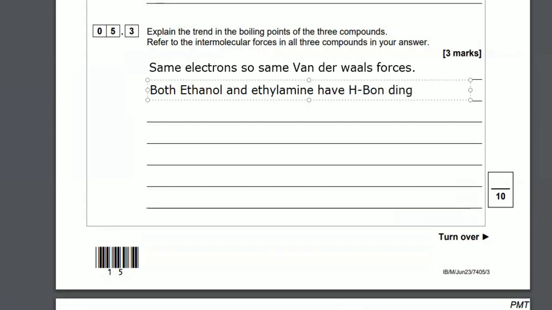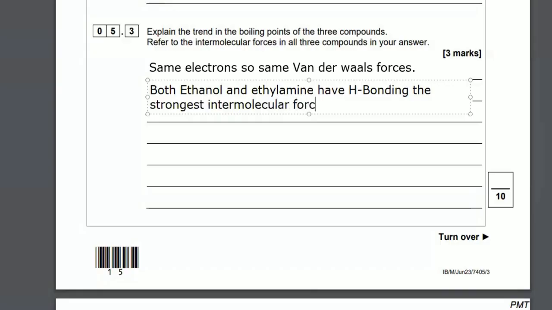If you remember, there are three types of bonds that give hydrogen bonding: hydrogen bonded to a fluorine, hydrogen bonded to a nitrogen, or hydrogen bonded to an oxygen. So both ethanol and ethylamine have hydrogen bonding, the strongest intermolecular force, and so have higher boiling points.